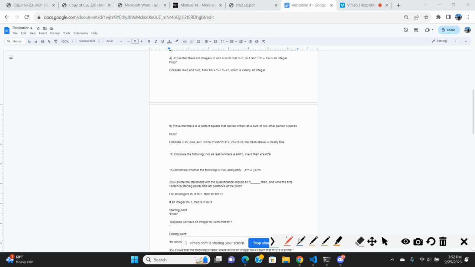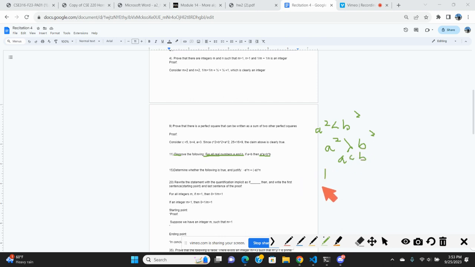Now we have to disprove a statement: for all numbers a and b, if a is less than b, then a squared is less than b squared. To disprove a universal, we just have to provide some element where the negation of this is true. We have to give some element such that a squared is greater than b squared, where a is less than b.